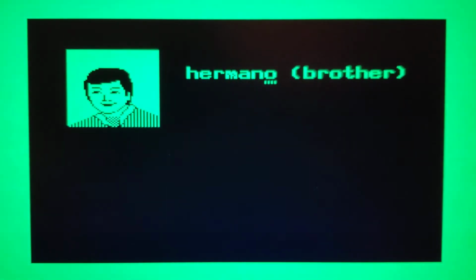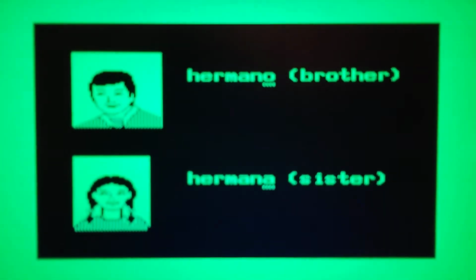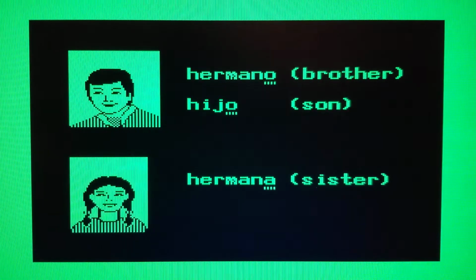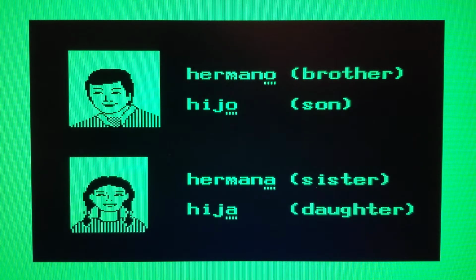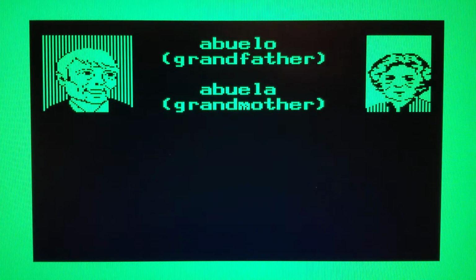You may already have noticed that the word for brother, hermano, ends in an o, and the word for sister, hermana, ends in an a. Son is hijo, while daughter is hija, and grandfather and grandmother are abuelo and abuela.